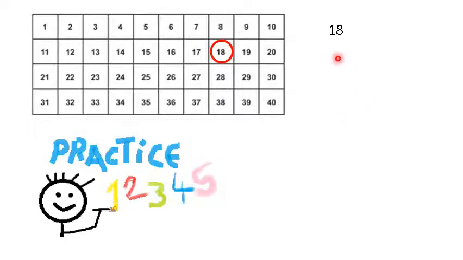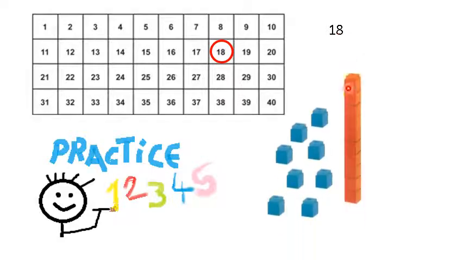Again, 18. What do I draw here? Well, here we have 10, so it's 1 rod, and here we have 8, so it's 8 blue blocks. So 1 red rod, 10, and 8 single blue blocks. Here it is, 10, 11, 12, 13, 14, 15, 16, 17, and 18.